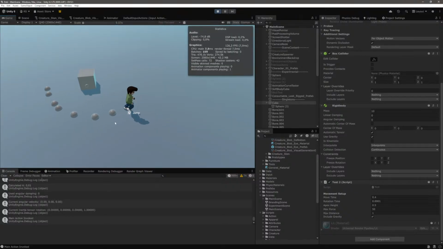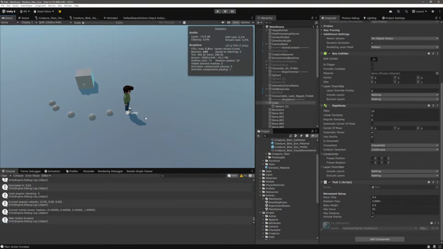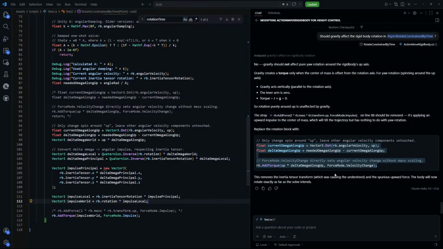Okay, let's go back a few steps and try a new solution. I don't really care about time needed when we rotate it, I don't think.